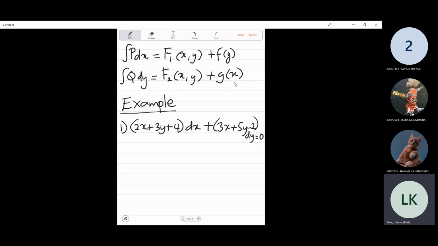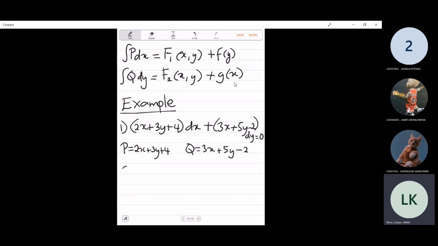So first we must check and see, is this exact? So we need to identify our p. This is 2x plus 3y plus 4. And then our q here is 3x plus 5y minus 2.